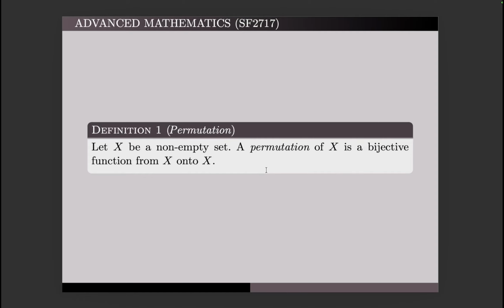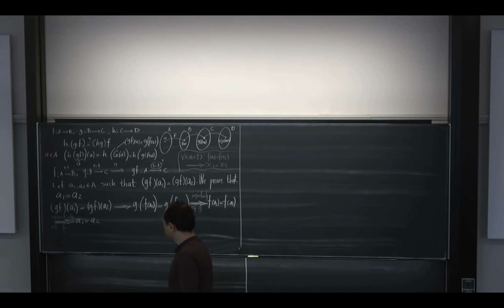So these are terminologies I want you to remember. Definition one: when I say a permutation in abstract algebra, what do I mean by that? Very simple. You give me a set X which is not empty. A permutation of X is a bijective function from X onto X. That's it. So it's a different word for more or less the same thing you're familiar with.